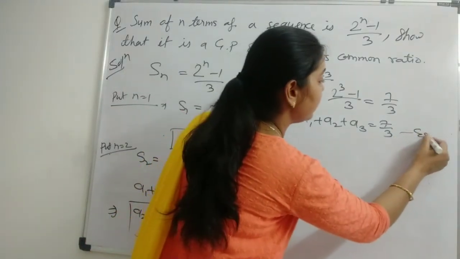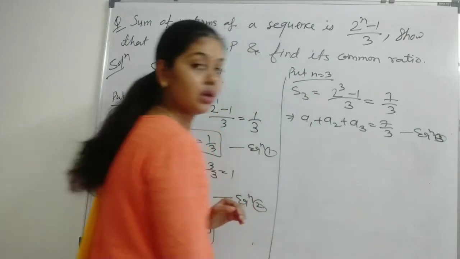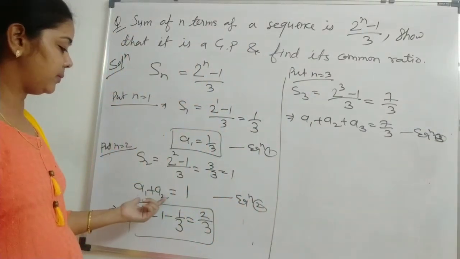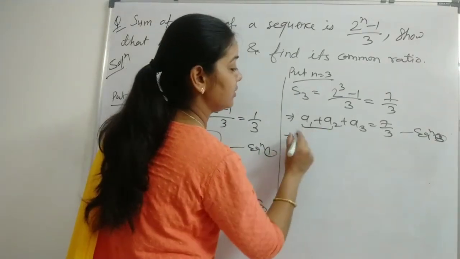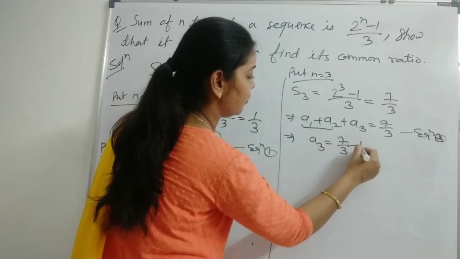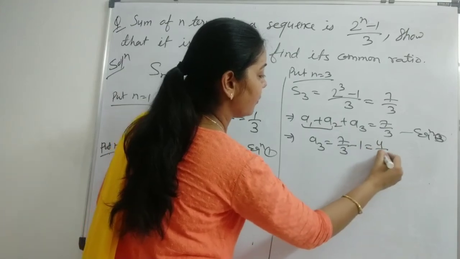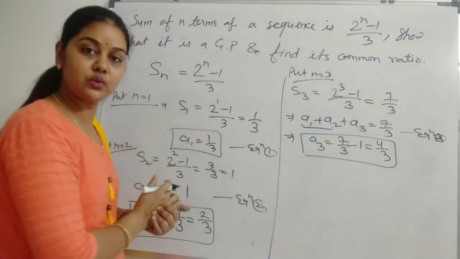This is equation number 3. Now, putting the value of A1 plus A2, that is 1, and subtracting, A3 will be 7 upon 3 minus 1, that is 4 upon 3. We got 3 terms of the sequence.